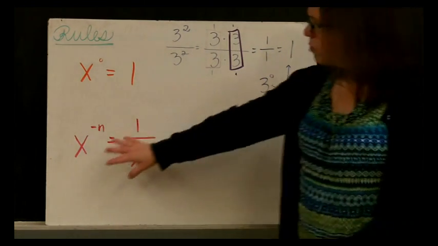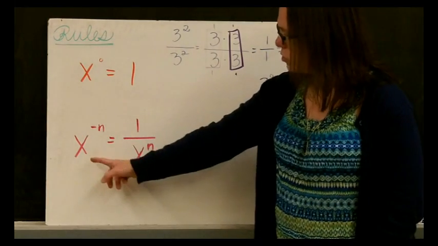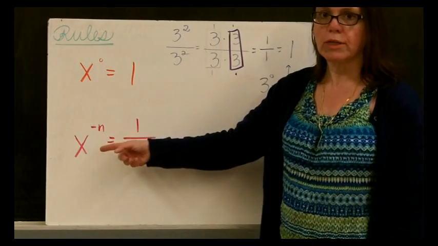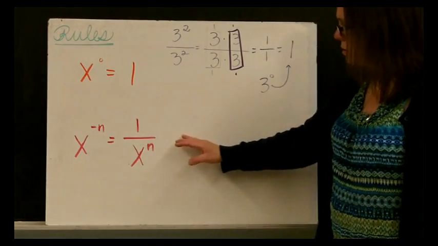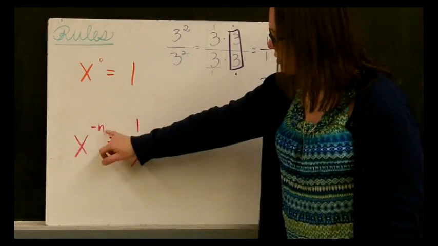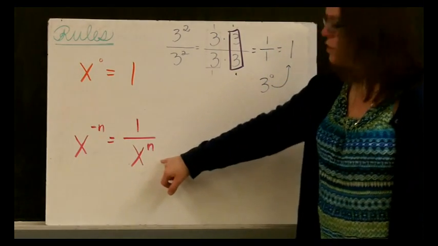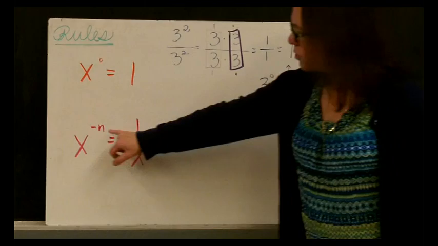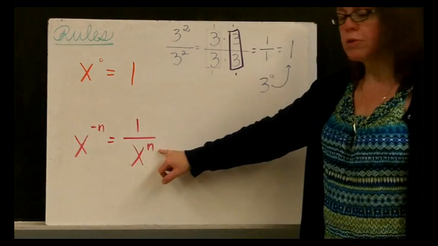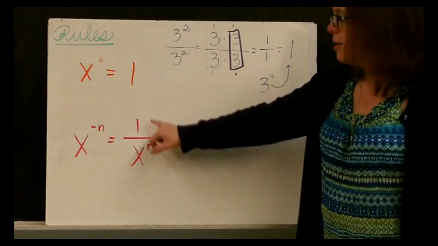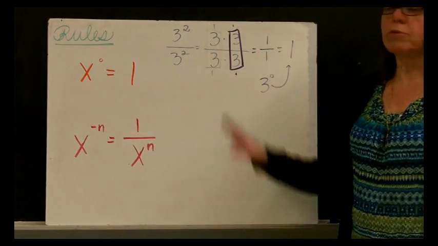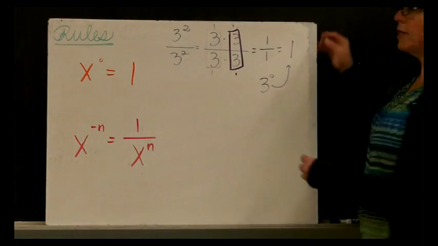And then here, our second rule is x to a negative power, we're using the letter n, means that this x with the power gets moved to the denominator of a fraction, where in the denominator we keep the same exponent but in the positive form, and the numerator will be 1. And as we work through our 4 examples, this will become more clear.